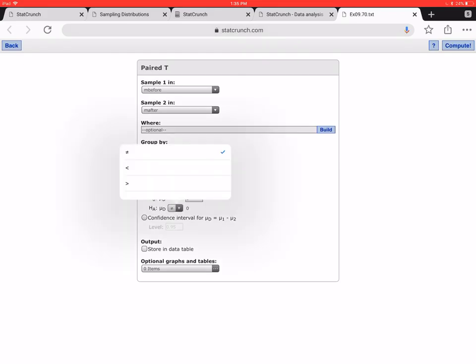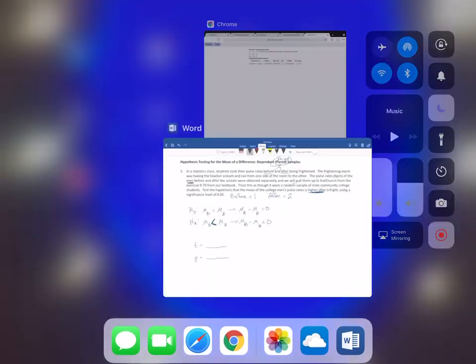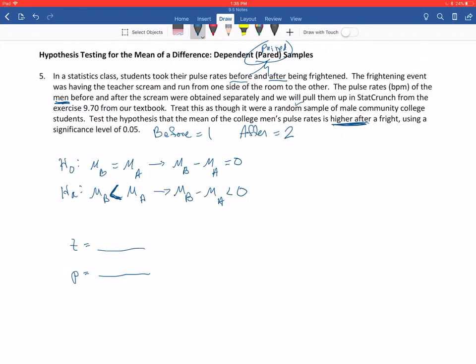But my alternate was that if I subtracted them, I would get something less than 0. So I do need to change that. Then I can compute. I can note my t-stat and my p-value and come back over. So my t-stat was negative 0.64 approximately, and my p-value was 0.2712.